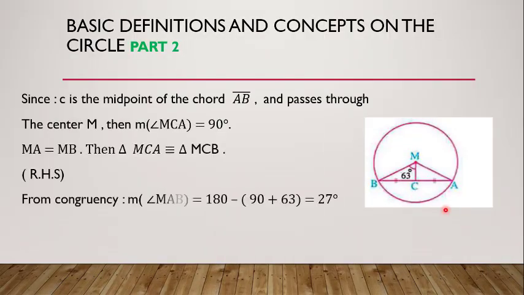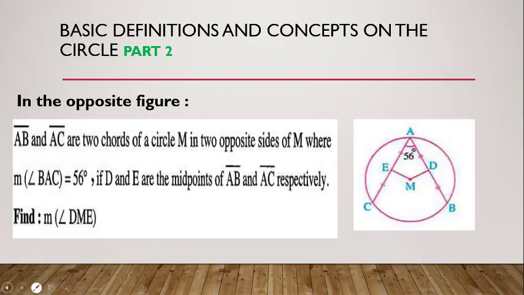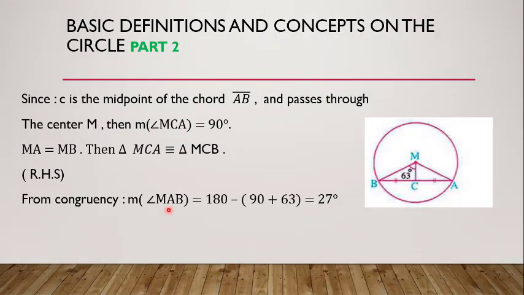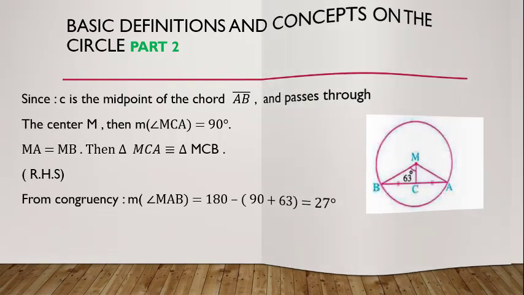Okay, so measure of angle AMC will be 63. Then if you calculate the measure of angle MAB, it will be 180 minus 90 minus 63, so it will be 27 degrees. Let's move to another exercise.